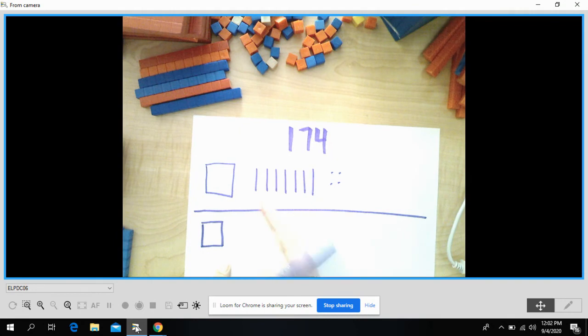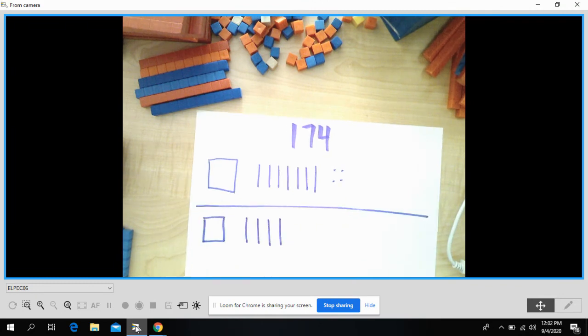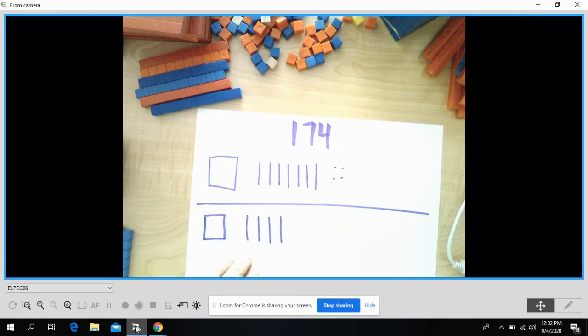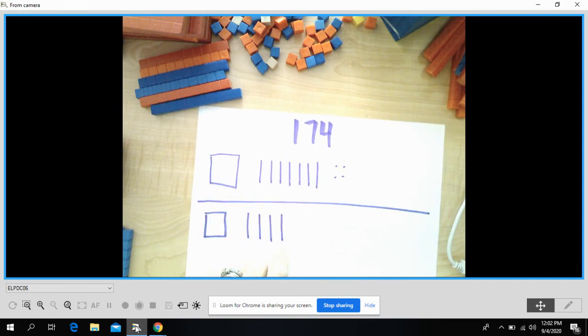I'm going to use 4 tens, 10, 20, 30, 40. So now I need to make the rest of my number with ones. Let's see what happens. How many do you think I'll need? If each one of these represents 10, and I'm only using 4 instead of 7, let's see what we get.